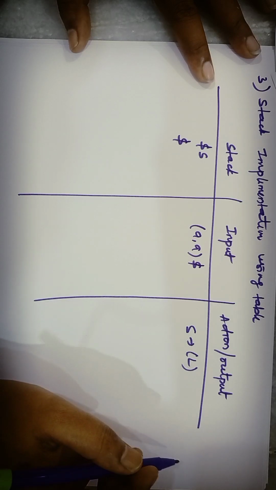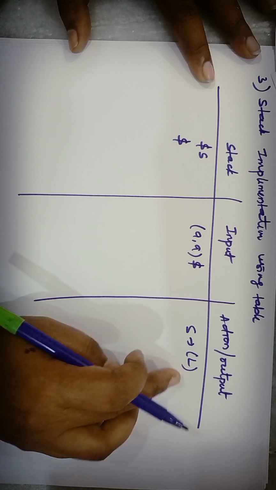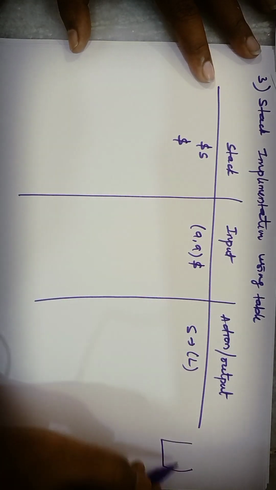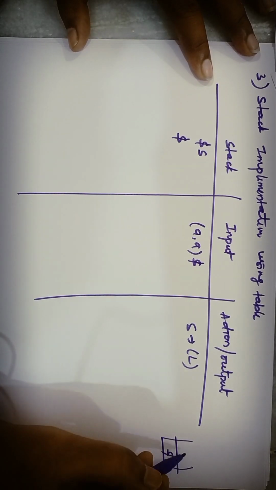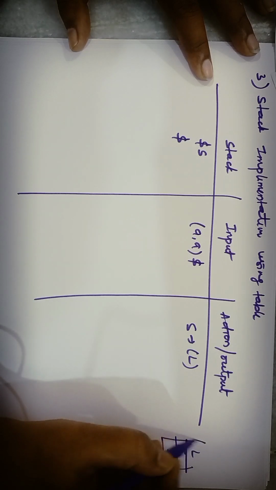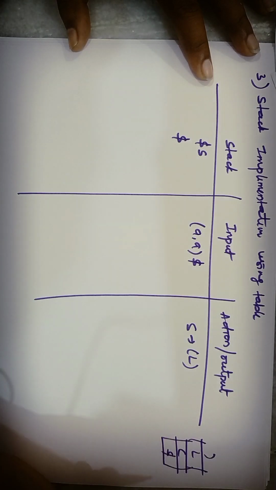The data is going to be stored like this: initially dollar, after that open parenthesis L and closed parenthesis.